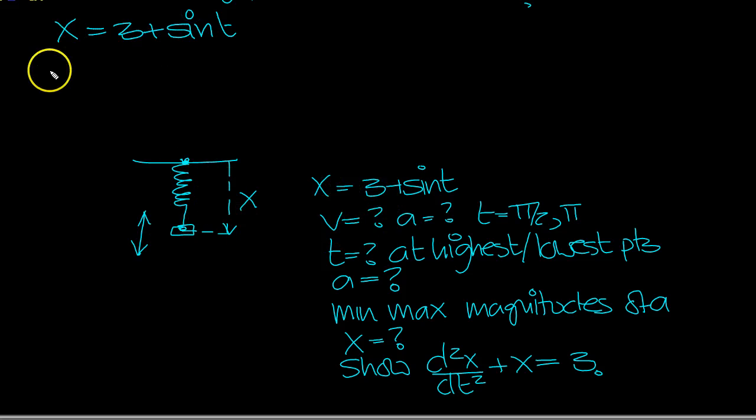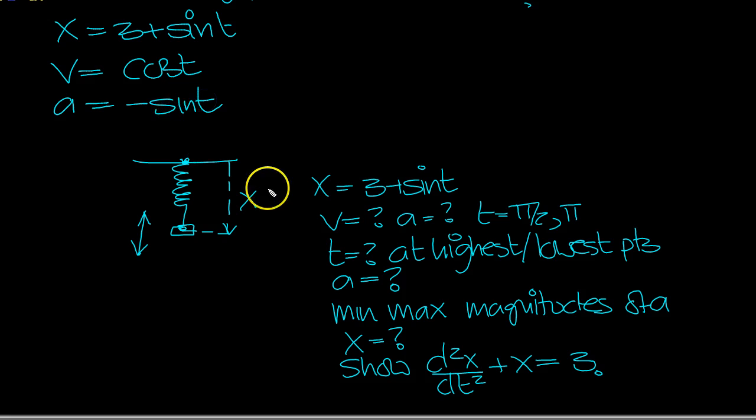What's the velocity? Well, velocity, just differentiate: dx/dt is cos t. And the acceleration, differentiate again, minus sine t. And then we need to find that when t is pi over 2. So t equals pi over 2 then, which is 90 degrees. Cos 90 is 0.